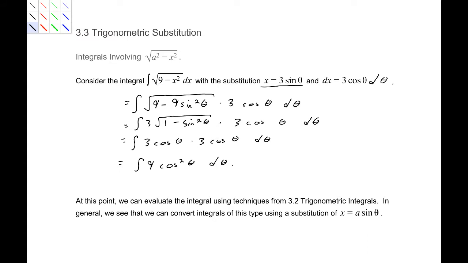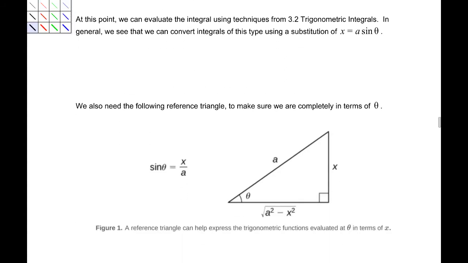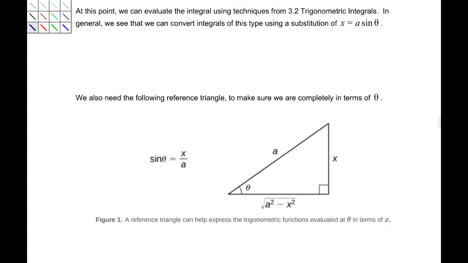Now you should notice at this point this integral could be evaluated based on the previous section, trigonometric integrals. In general though, we are going to convert something with a square root into something with cosines, sines, tangents, and secants, and that makes our integrals calculable. We can make them integrable that way. So here is our general policy using this reference triangle.